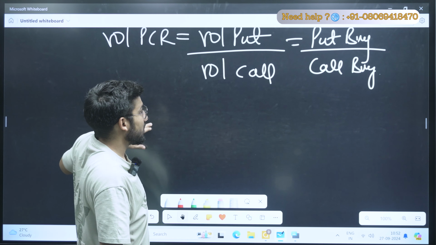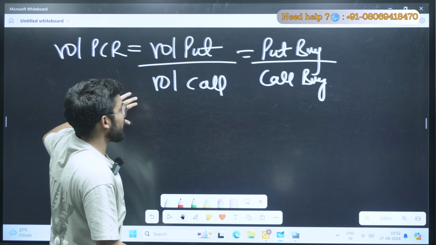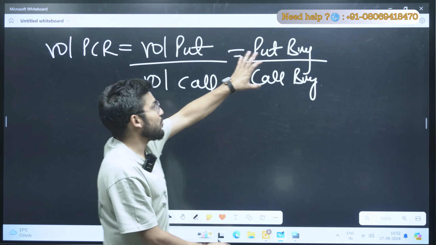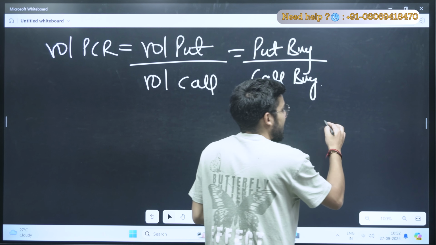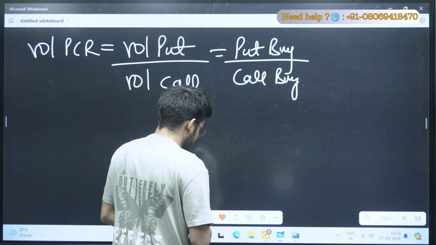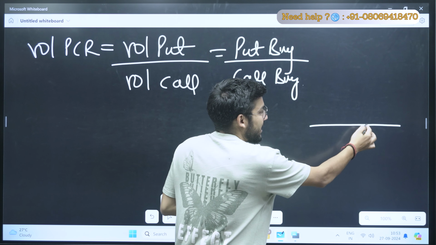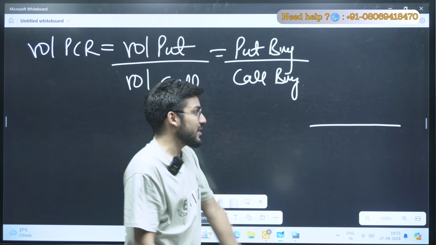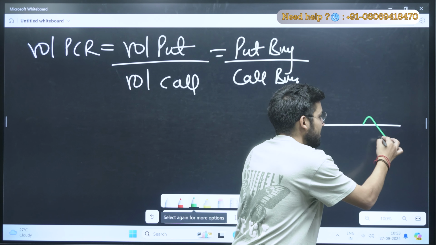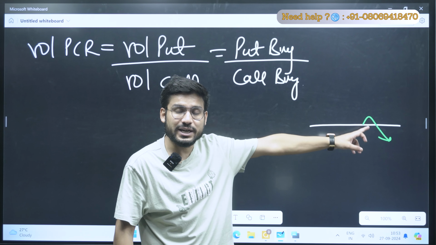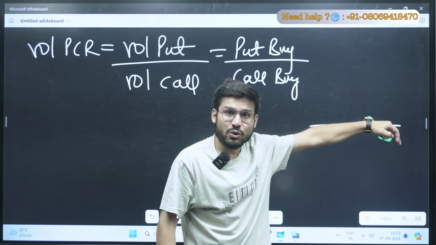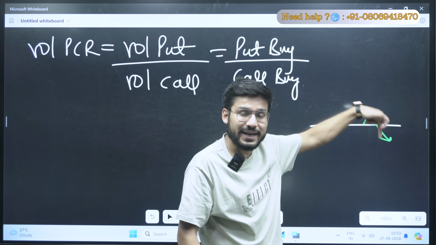For example, this was the level. If at this level there are put buyers, it means they want the market to go in the negative direction, because they have bought the put, so they will get profit when the market goes in the negative direction.